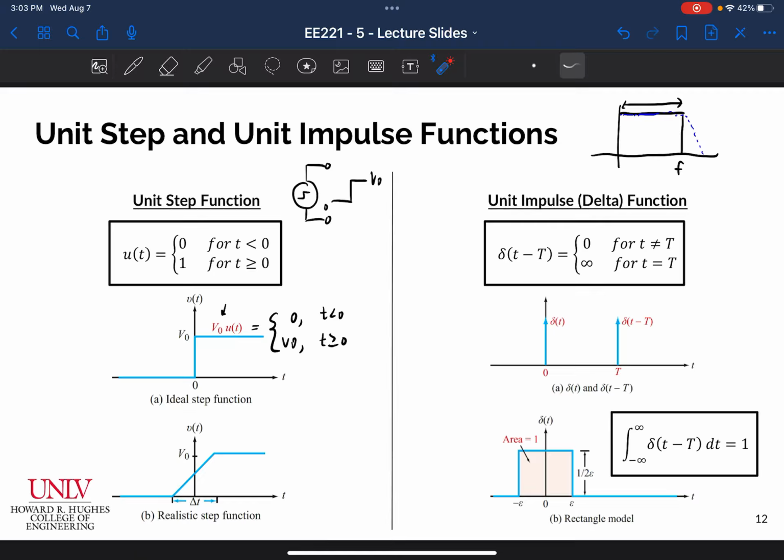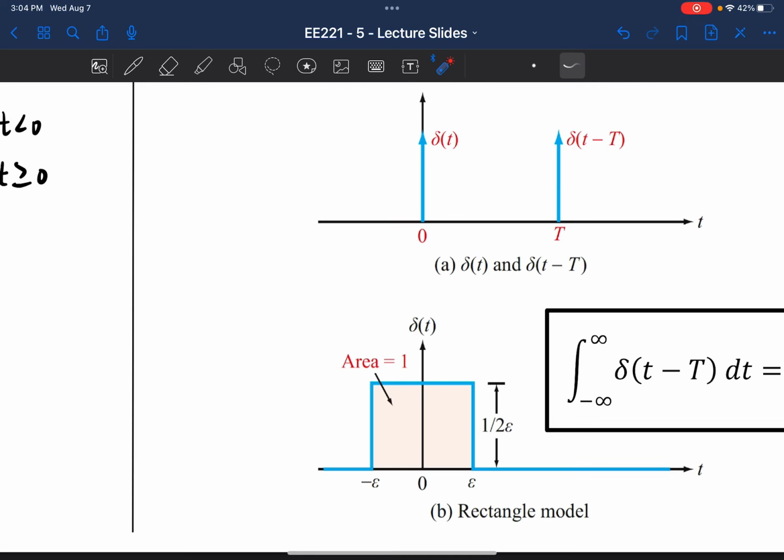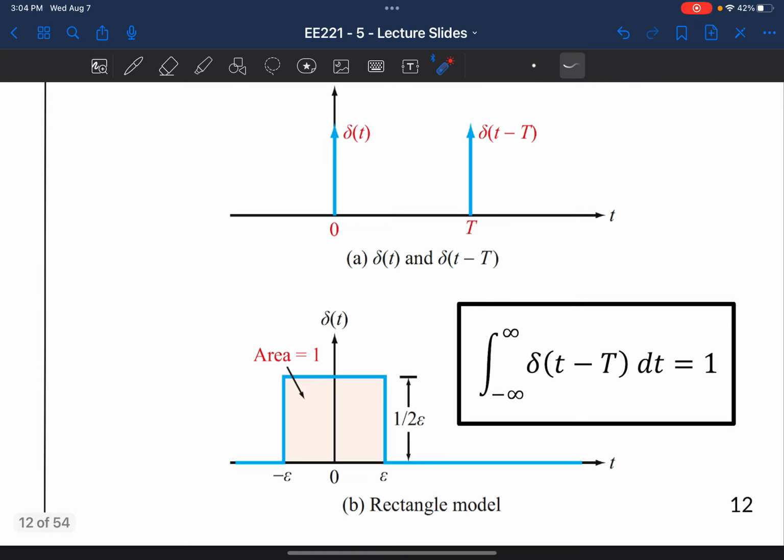And the same goes for the delta function. Of course, if we want to implement a very, very narrow, very, very large pulse, we cannot get an infinite height. That's not practical. And we also can't get an infinitesimal width. That's also not practical. So what we can look at is something like what I have down here, this rectangle model from the textbook.